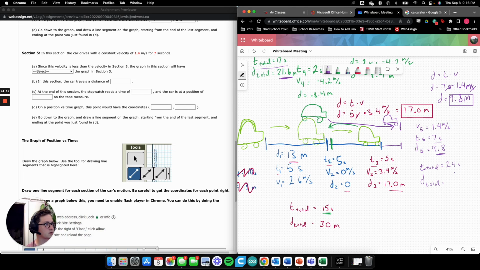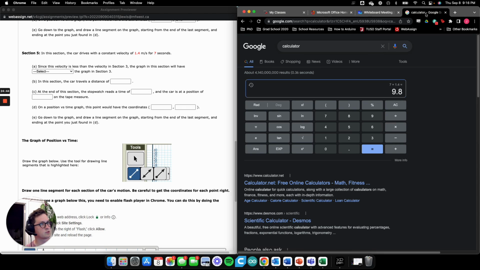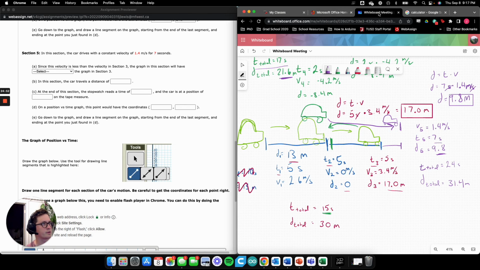Now we are adding 9.8 to it. 22.5 plus 9, 31.5. No, 31.4. I'm dumb. 31.4 meters. I'm just gonna check my math real quick. There we go. Alright, cool.